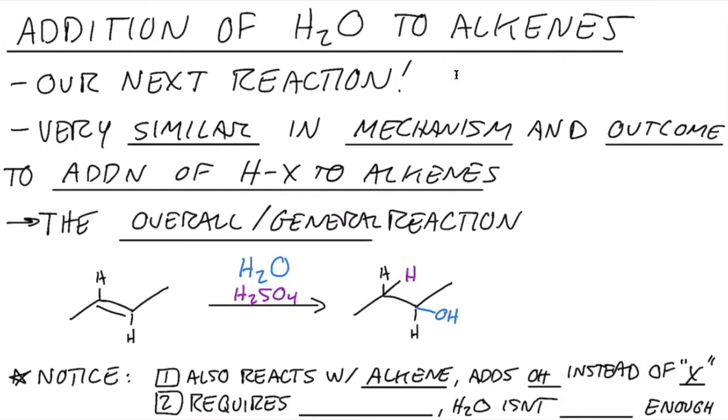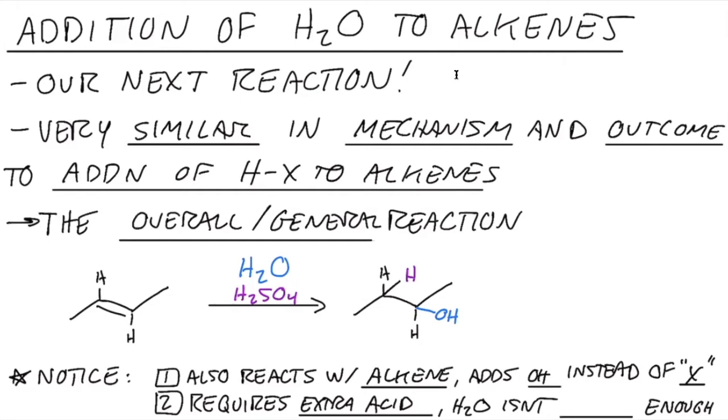The only other little difference here is that the conditions for this reaction require extra acid. And the reason for that is that we're trying to add water. Now, water is an acid. It's not necessarily a very strong acid, and it's definitely not as strong as something like HX. So HX had the acidity that it needed, and then we were just adding that X as our nucleophile in the second step.